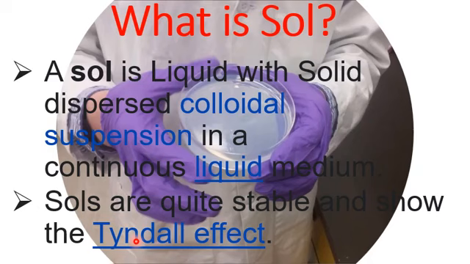The Tyndall effect is also known as the Tyndall scattering effect or Tyndall scattering. It is similar to Rayleigh scattering, in which the intensity of the scattered light is inversely proportional to the fourth power of wavelength.